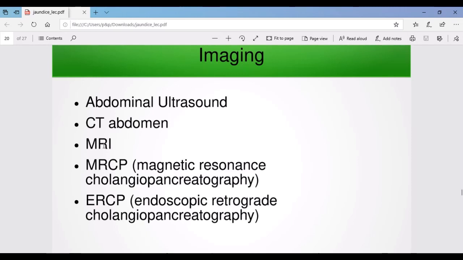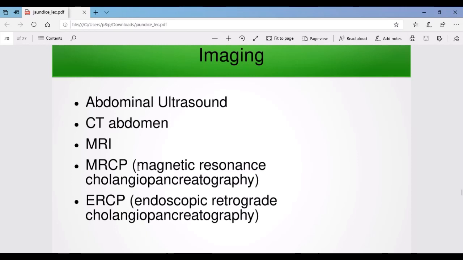Magnetic resonance, like CT, they both are imaging which can see the pancreas, but the magnetic resonance has two benefits. First, it's less hazardous. It doesn't have radiologic hazards like CT. And second, there is a modality in the MRI which is called MRCP, magnetic resonance cholangiopancreatography.